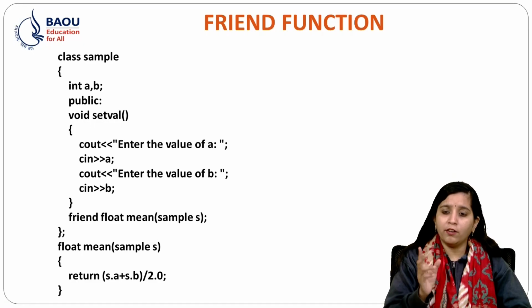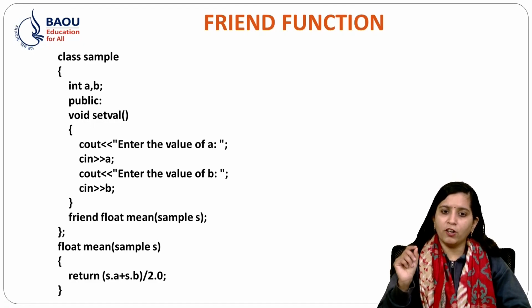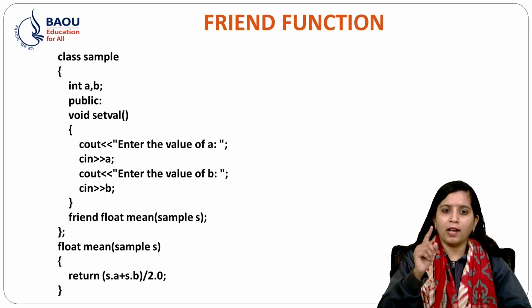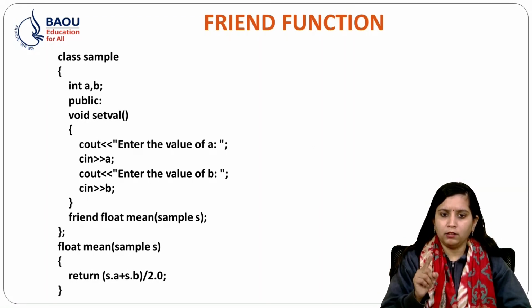So float is the return type of the function, mean is the function name, and sample is the class, with s as the object, sample s. So I have declared my friend function over here.